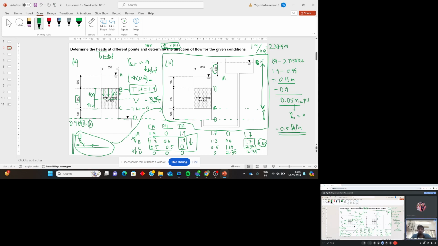Here, one more point: this head loss is 1.9.